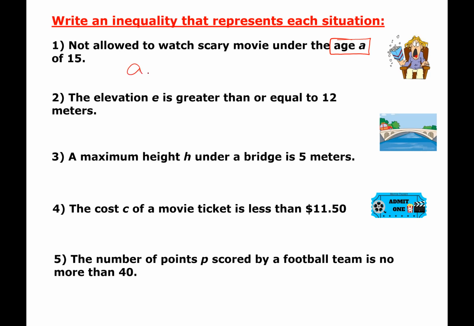So A, and then what is our keyword? They said not allowed under. So not allowed under, it means that they should be greater than or equal to 15 years old. So A should be greater than or equal to 15 years old in order to watch a scary movie.